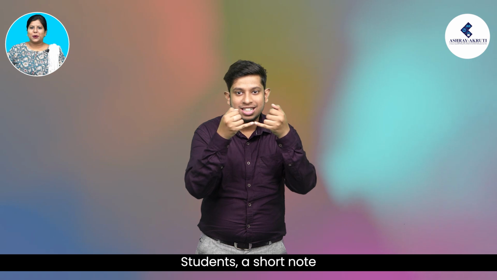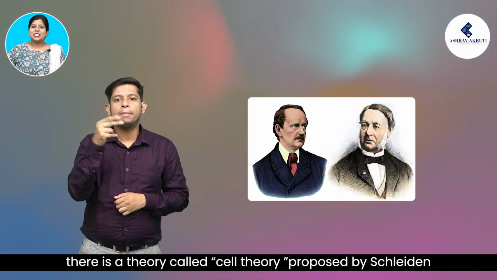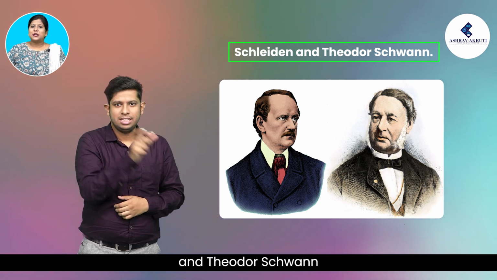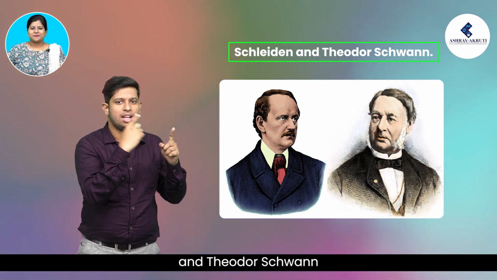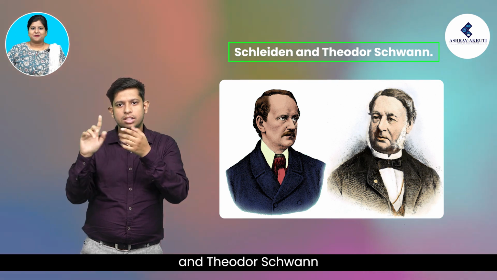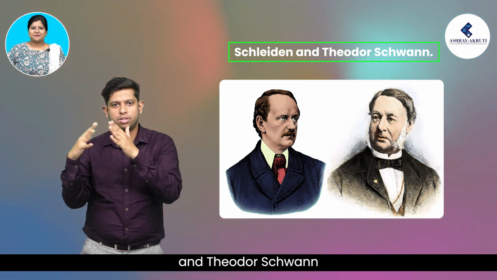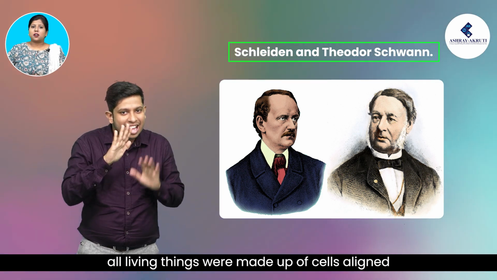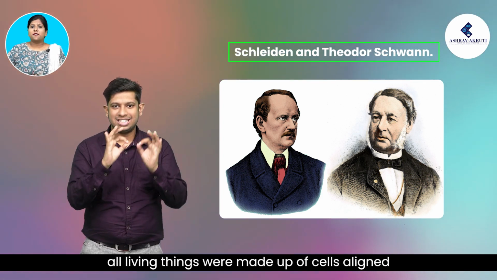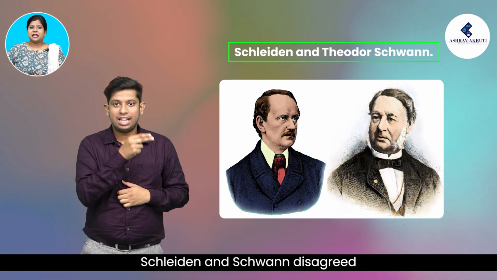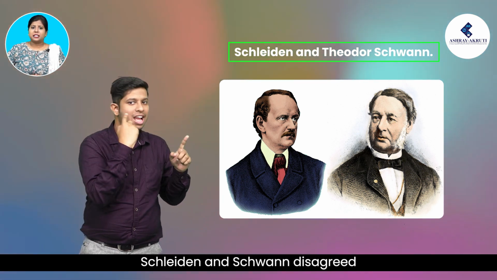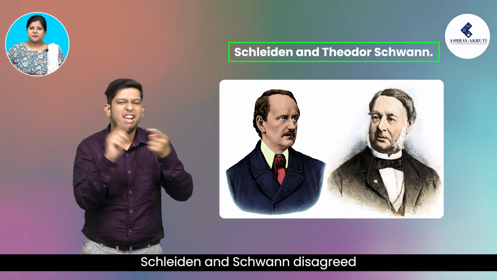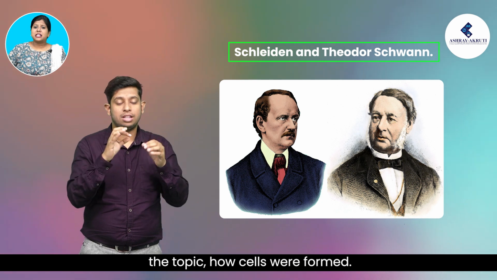Students, a short note. There is a theory called cell theory proposed by Schleiden and Theodore Schwann. Although everyone believed that all living things were made up of cells, Schleiden and Schwann disagreed on the topic of how cells were formed.